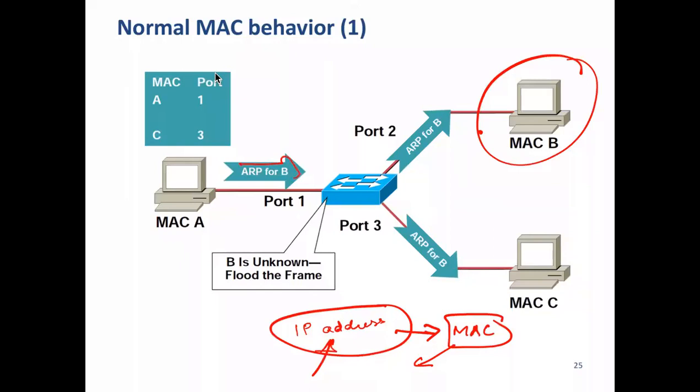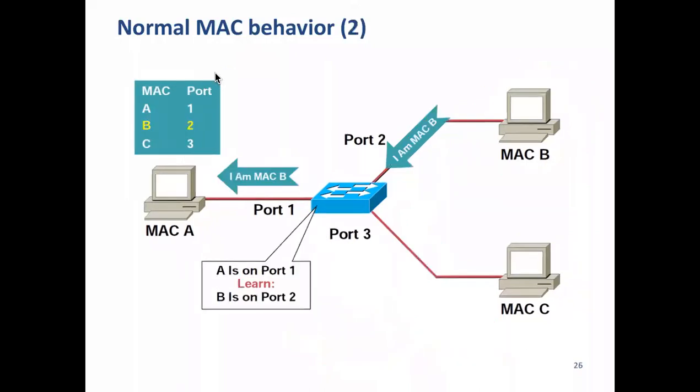It's trying to find out, given the IP address of B, what is the MAC address. This guy doesn't know about B, the B entry is not there, so it will send this packet to all. This is normal operation, right? B will respond back that this is my MAC address, and the switch will send it back to A, because the source address, this guy A's MAC, was sent earlier. So this switch knows where A is.